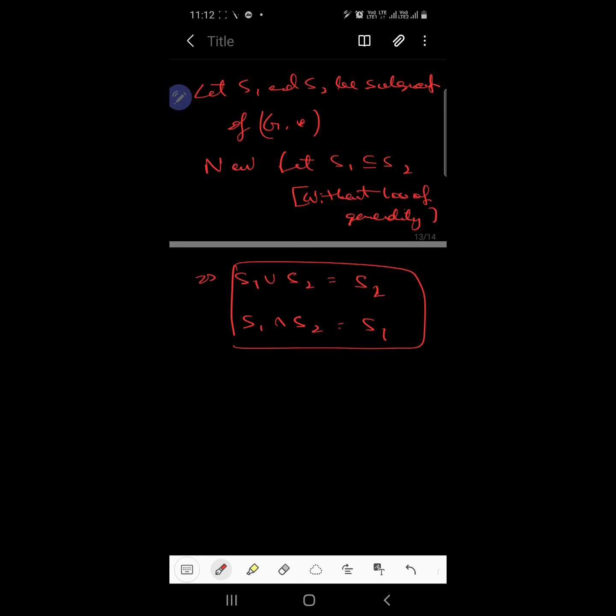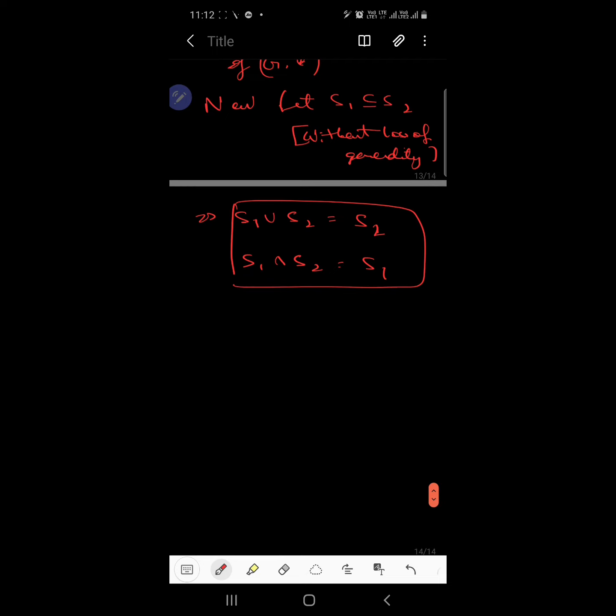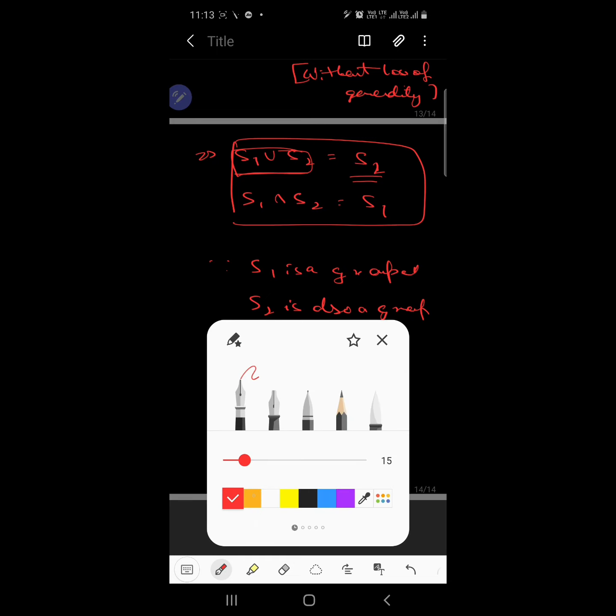Now since S1 is a group and S2 is also a group of G star, and S1 union S2 is S2, therefore S1 union S2 is also a group of G star. So the first case is proved.